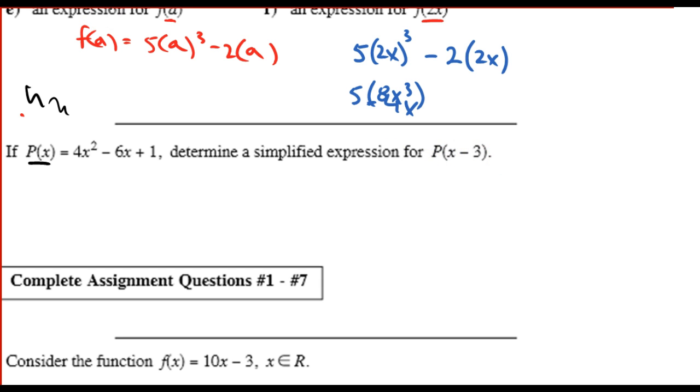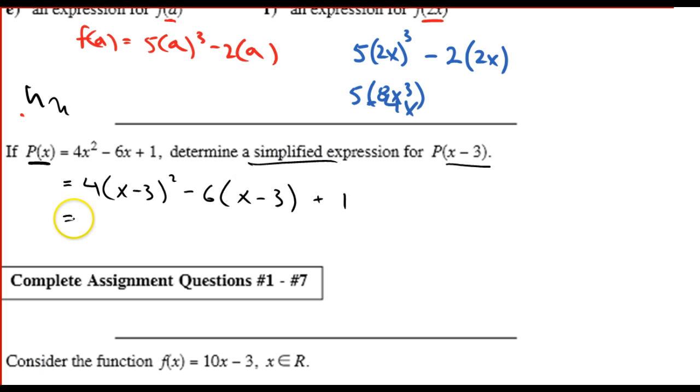So what I'm going to do there is substitute, every time I see an x, I'm going to substitute in x minus 3. So let me go ahead and rewrite this as 4, and then a bracket, squared, and then a 6 bracket plus 1. And then I'm going to input x minus 3, x minus 3. Okay.